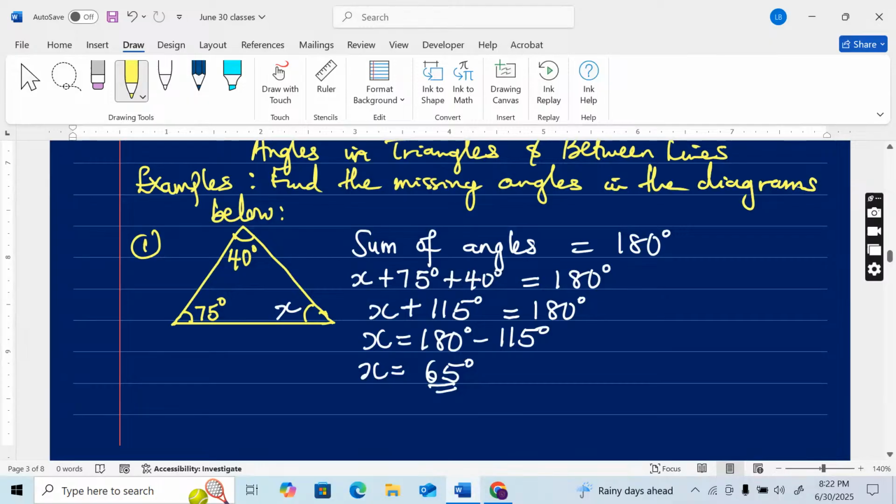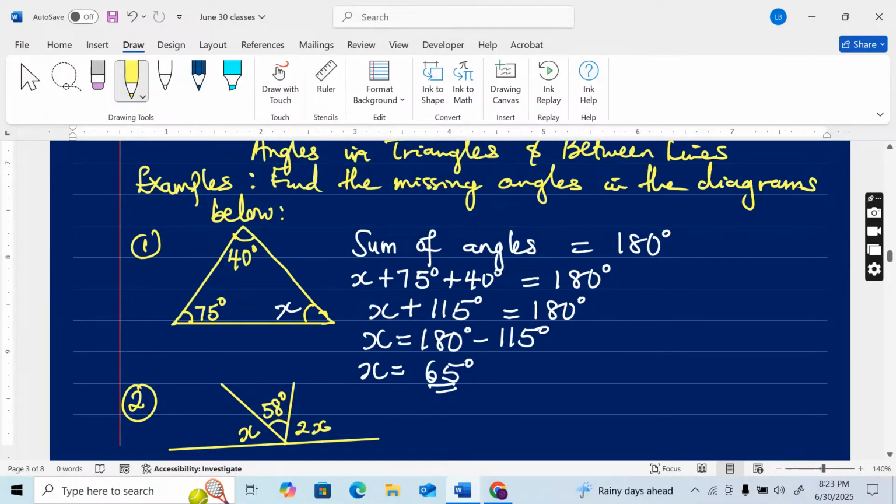All right, so question 2. Right here I have 58 degrees, 2x, x, and I have to find the angle x and the angle 2x.